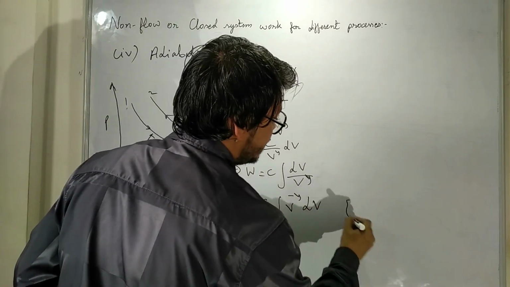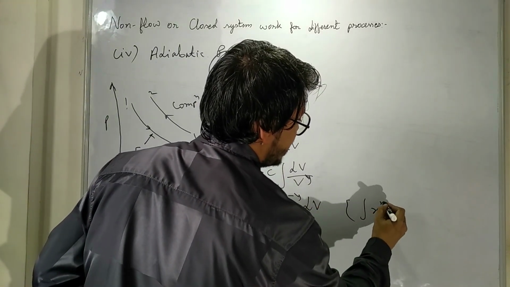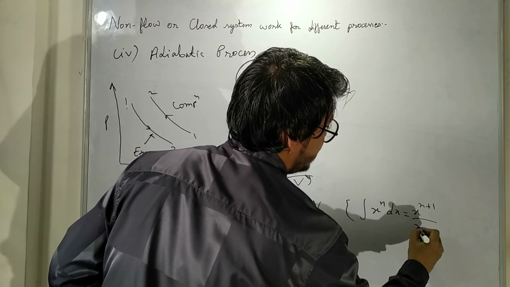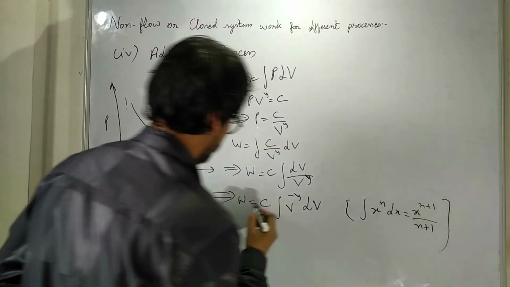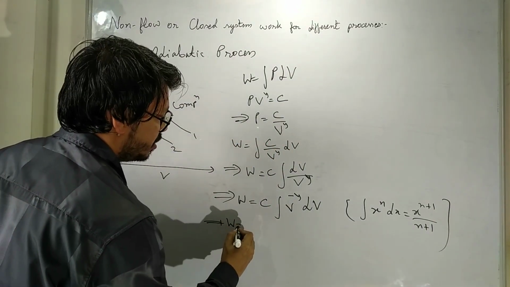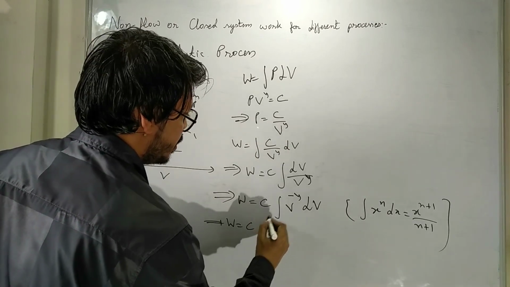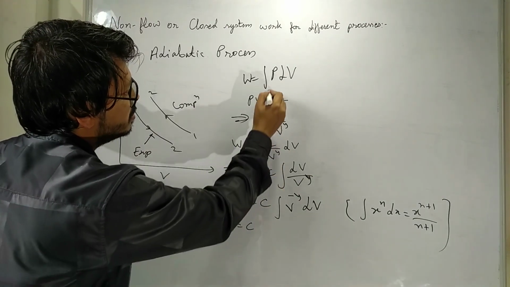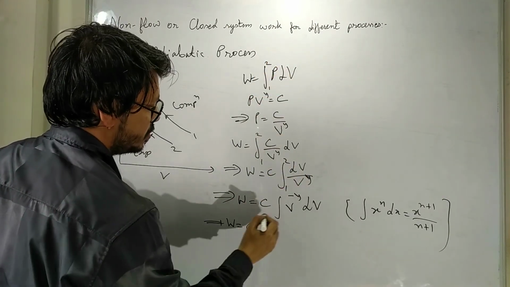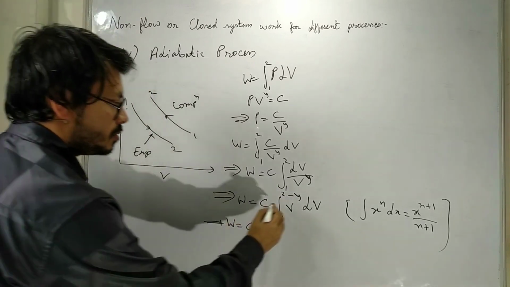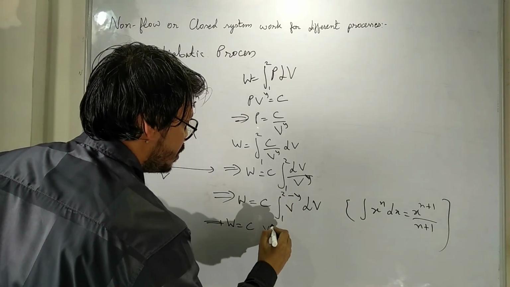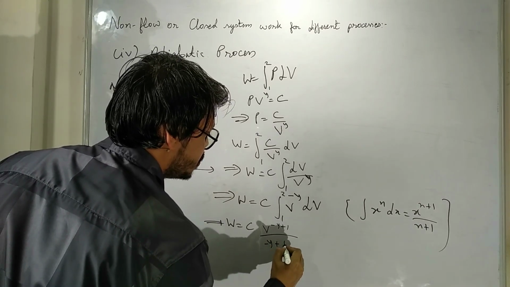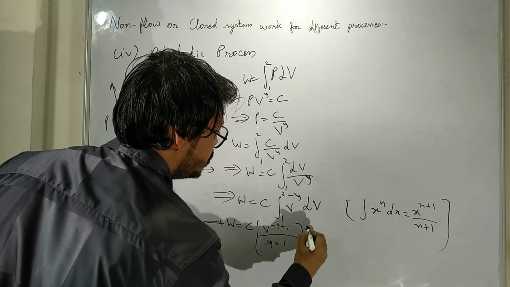And we know that integration of x to the power n dx is equal to x to the power n plus 1 by n plus 1. So integrating, we will get the work done as C into, and since we have considered the process from 1 to 2, we will put the limit as 1 to 2. So it will be V to the power minus gamma plus 1 by minus gamma plus 1 from 1 to 2.